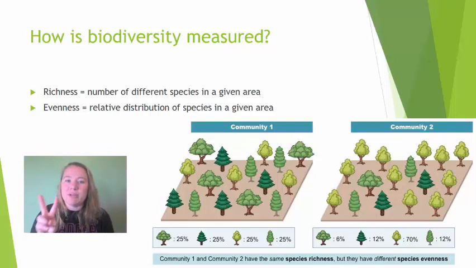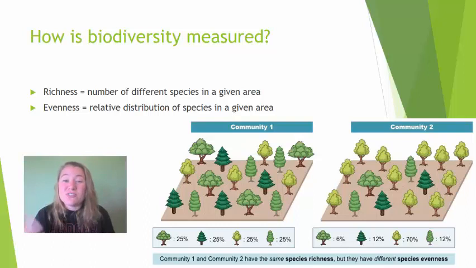So then how is biodiversity measured? There's two ways to really measure biodiversity. Scientists measure the species richness and the species evenness. So in this particular diagram here, we have community 1 and community 2. The richness is the number of different species in a given area. So both of these images are showing the same size area, but it's also showing different groupings of trees.